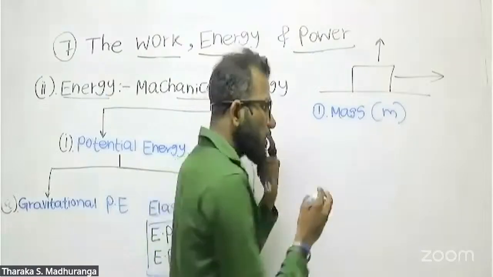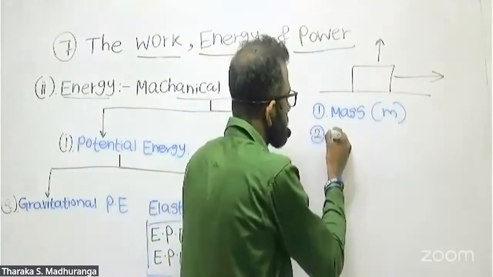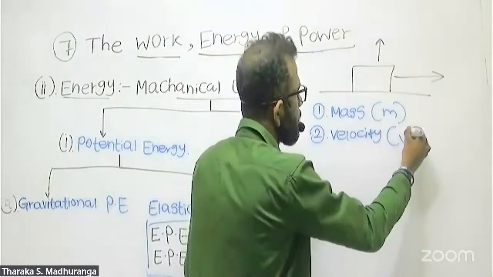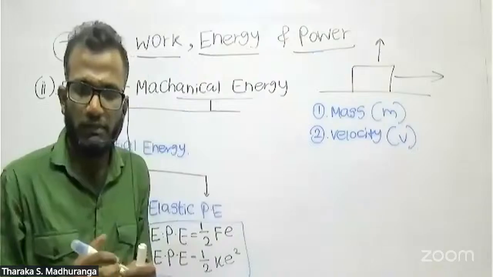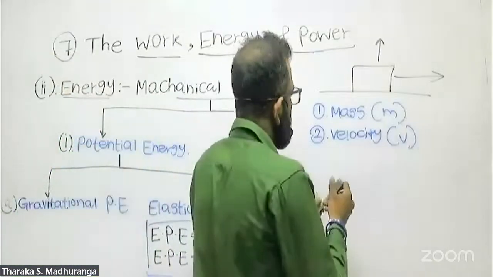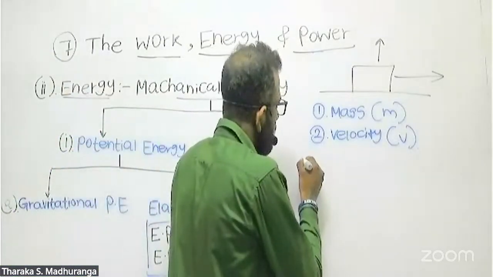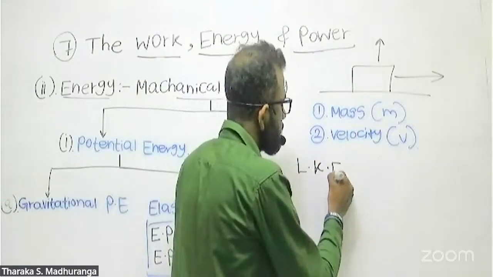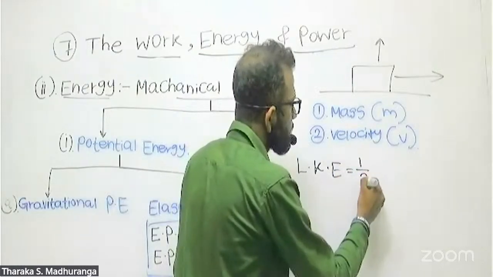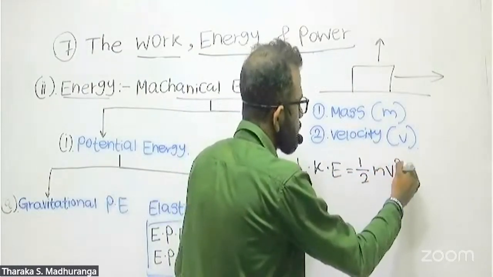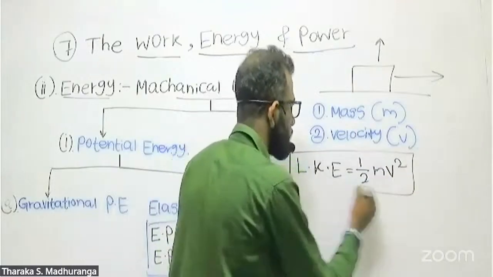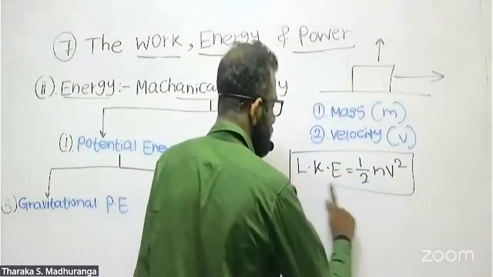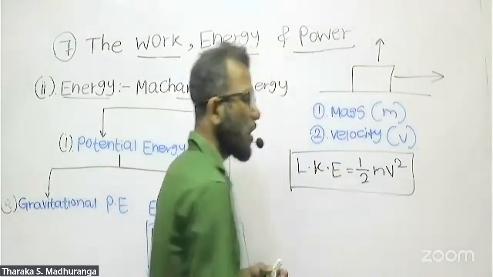The second factor is the moving velocity, simply v. Then I can say the linear kinetic energy equals half m v squared. This is the equation for linear kinetic energy: half m v squared.